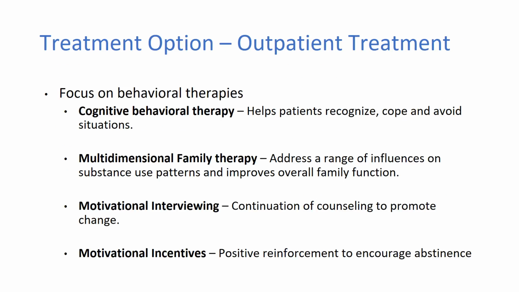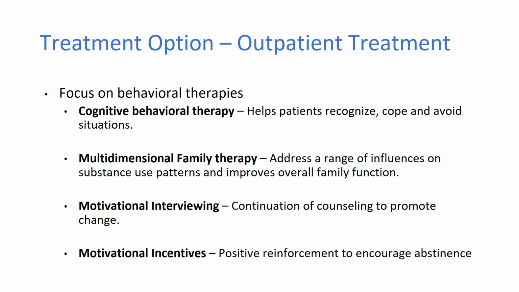So if you're at an outpatient treatment facility, what might you expect? Well, they're going to focus on behavioral therapies. This might be anything from cognitive behavioral therapy, which helps patients recognize, cope, and avoid situations that might lead them to alcohol consumption, just planning ahead. It might include family therapy, which is meant to improve family function and address a whole bunch of influences that can impact substance use.